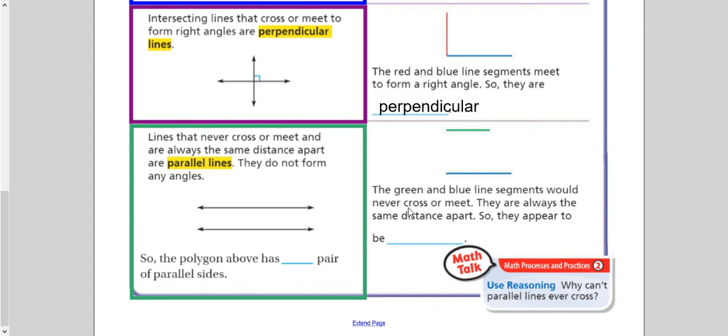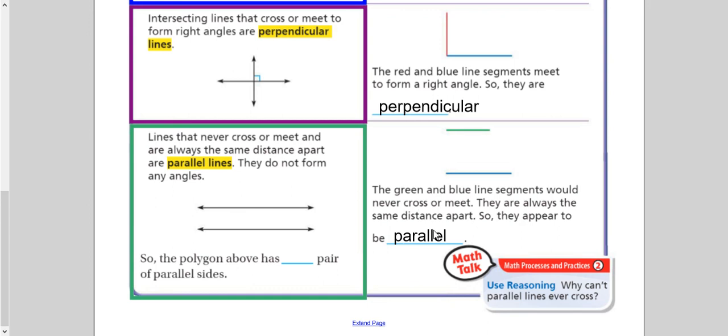Okay, and then over here, the green and blue line segments, they never cross or meet. They're always the same distance apart. So those right there would be parallel. And how do I remember that they are parallel lines? Well, parallel has two L's right here.